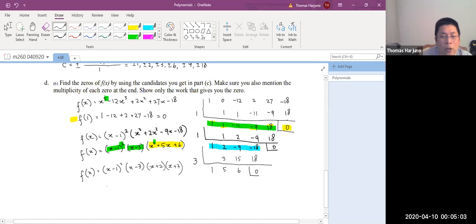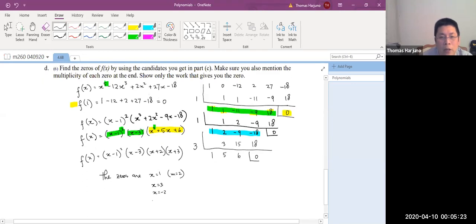Now from here you see, oh, the zeros are x equals 1 with multiplicity of 2, x equals 3, x equals negative 2, x equals negative 3, and they are with multiplicity of 1.